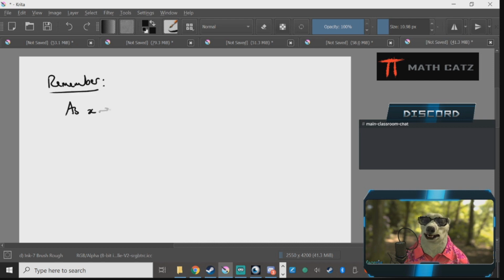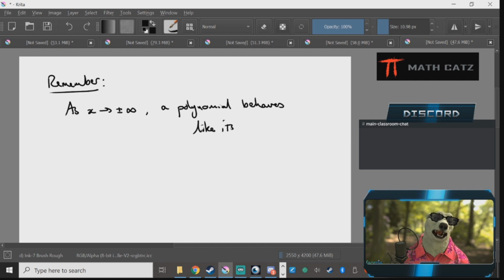As x approaches plus or minus infinity, a polynomial behaves like its leading term. That leading term eventually dominates the whole thing if I just go far enough to either side.